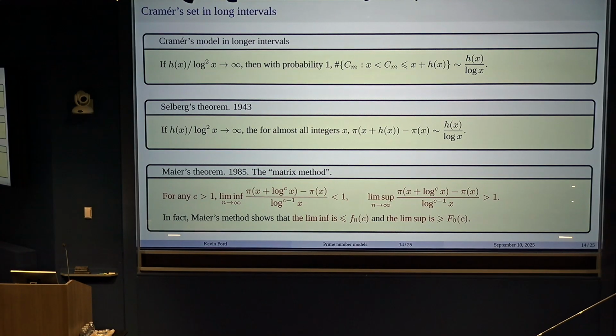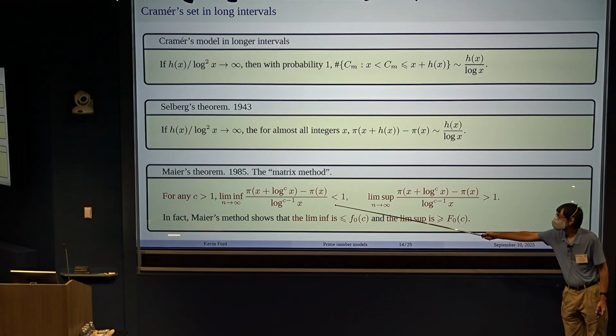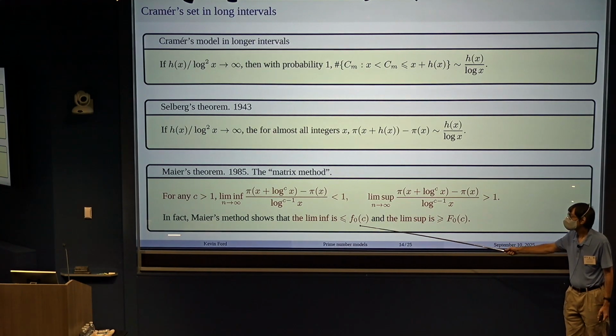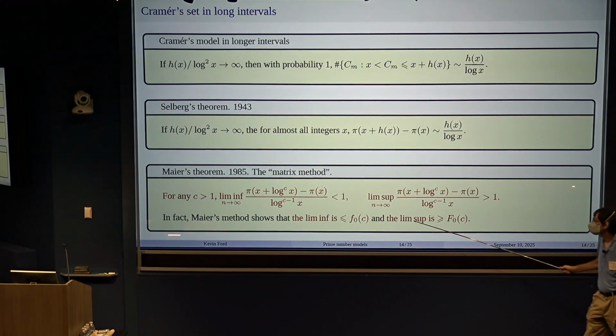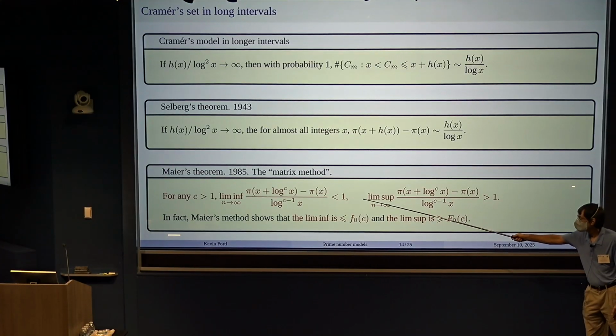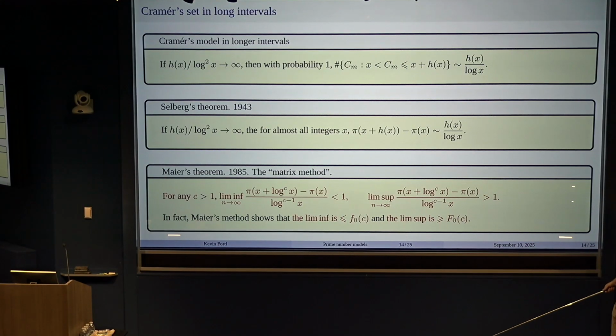And if you go through Maier's method, what he is actually showing is that the left side here, the lim inf, is at most little f0, and the lim sup is at least capital F0. So understanding the values of little f0 and capital F0 has direct implications for the oscillations of primes in these intervals. Okay, so that's another flaw in the Cramer model.